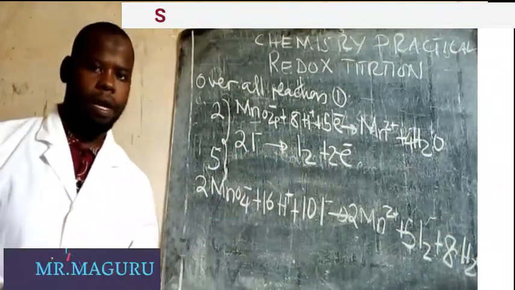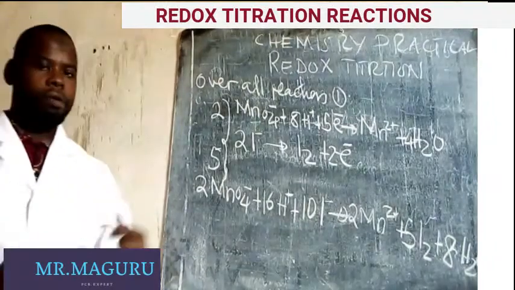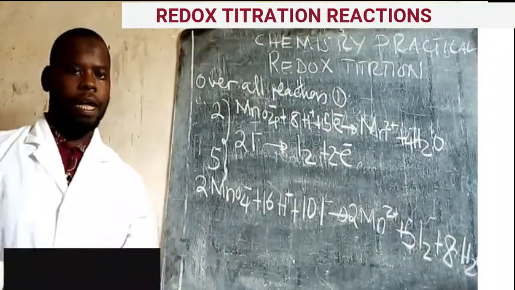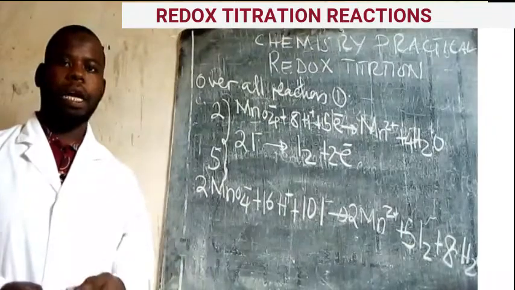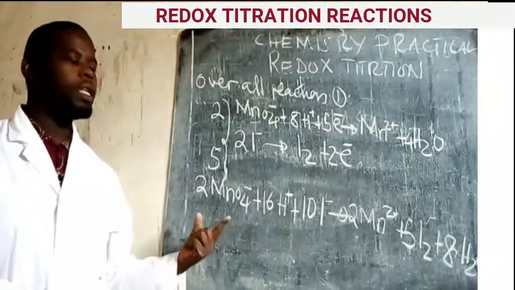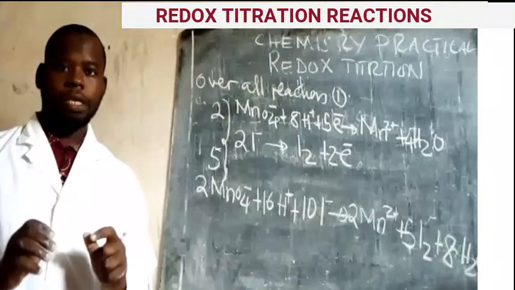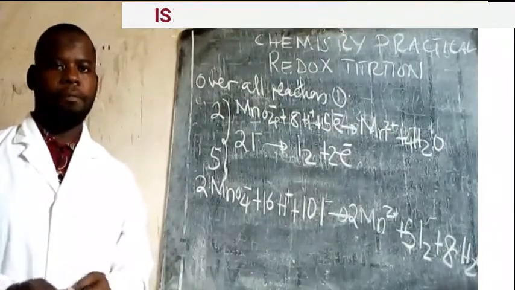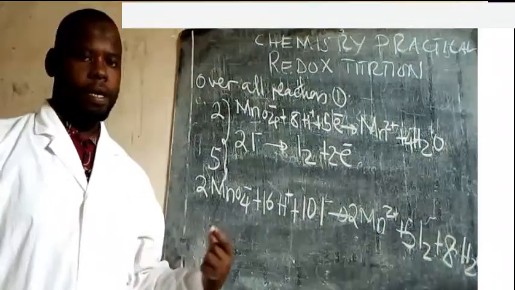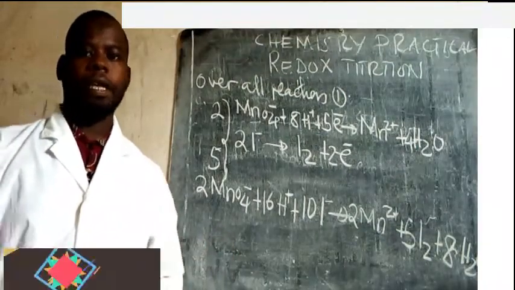I think you have caught how to manipulate from the procedure to the chemical or balanced ionic equation. So this is the net balanced ionic equation for the first reaction. Before adding starch, let's proceed with the second reaction.